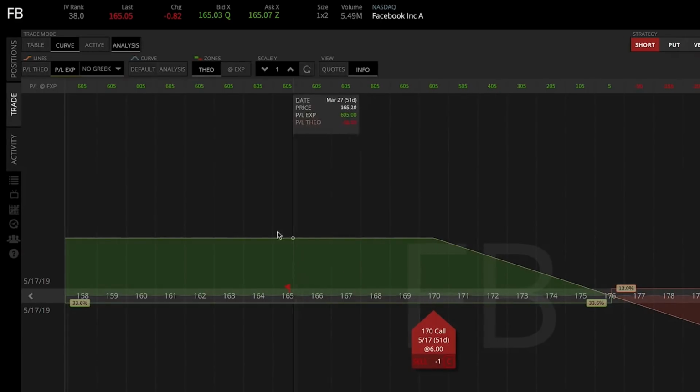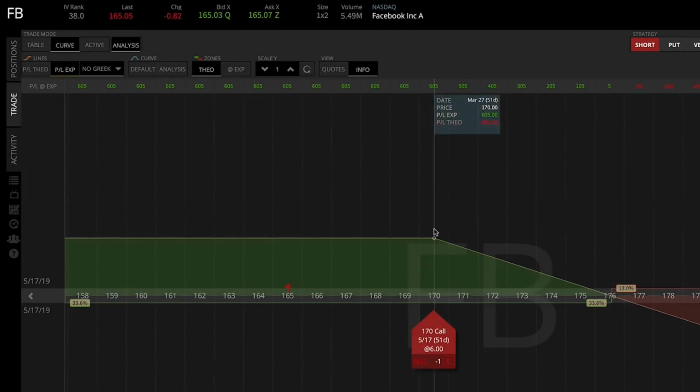Now, this looks like a very favorable strategy because with Facebook at $165, it's already right at the maximum profit point. If Facebook is still at $165 in 51 days, this 170 call will be worthless because there's no value in purchasing shares with the call option at $170 when we can just buy shares at $165, just buying shares outright and not using any options.